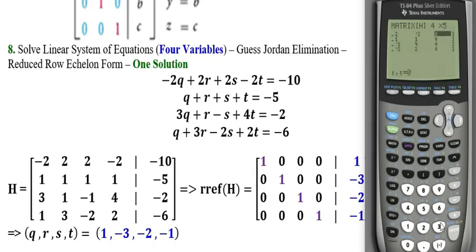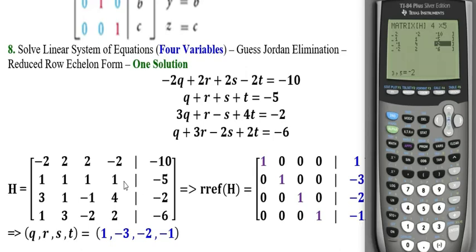Augmented with minus 10, minus 5, minus 2, minus 6. Again, let's make sure our entries are correct. So it is minus 10, minus 5, minus 2, minus 6.